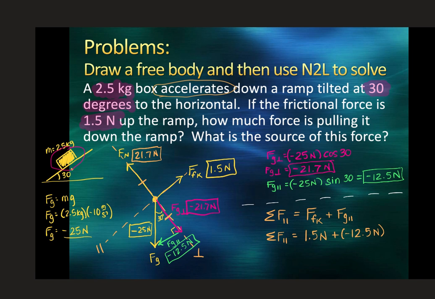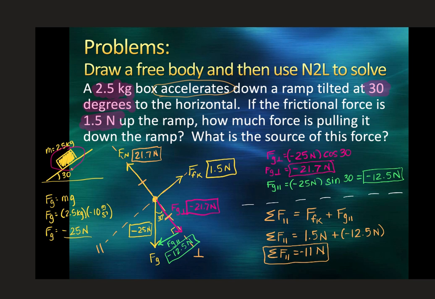And so the sum of my forces in that parallel direction, 1.5 minus 12.5, is 11 newtons in what direction? Negative. This is your answer. The force pulling it down the ramp is 11 newtons in the negative direction.